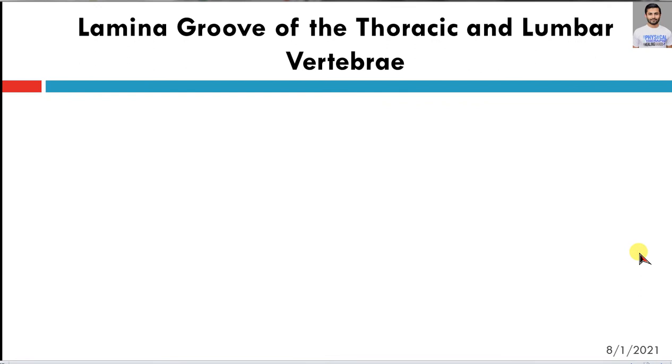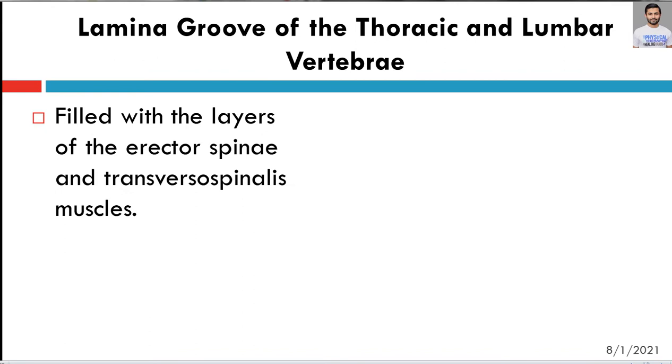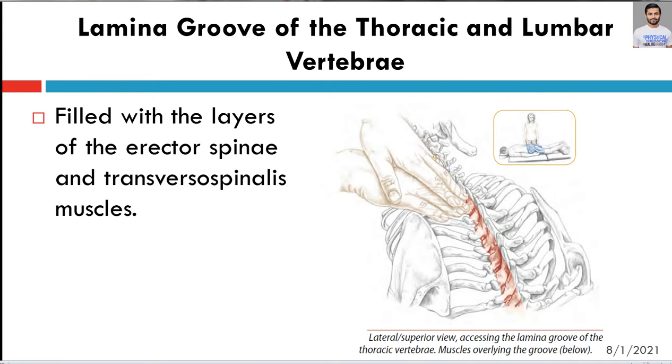The lamina groove of the thoracic and lumbar vertebrae. These are filled with the layers of erector spinae and transversospinalis muscles. So the lamina are one thumb or one finger apart from the spinous processes, and this is the area where the facets are. This is the very same reason that the contact is made to this area when you want to manipulate the facets.